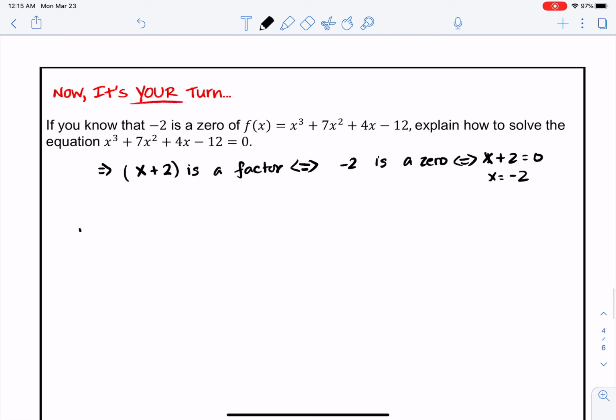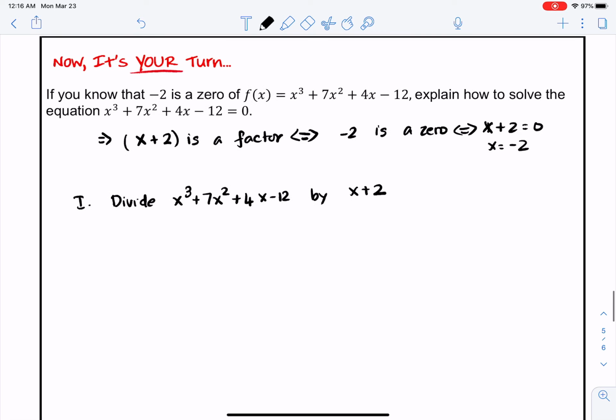Step 1, we divide x cubed plus 7x squared plus 4x minus 12 by x plus 2. And if we can factor x cubed plus 7x squared plus 4x minus 12 in its entirety, fully factorable, then we can readily solve. So we are going to make use of synthetic division to see if the given polynomial is fully factorable.